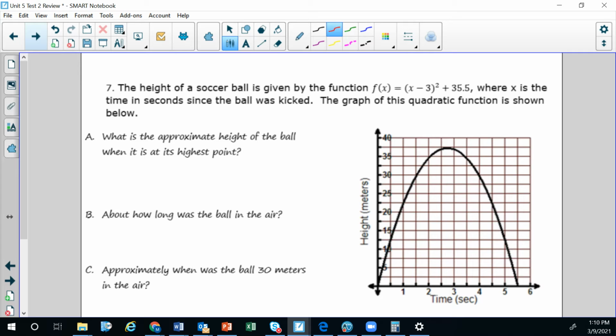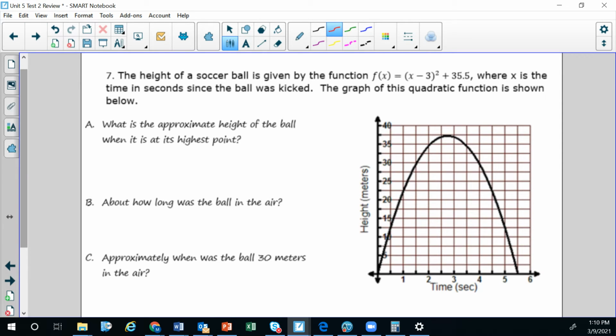Let's look at number 7. Okay, you're given a function that describes the trajectory of a soccer ball. It's given by the function f of x is equal to negative x minus 3 squared plus 37.5, where x is the time in seconds when the ball was kicked.